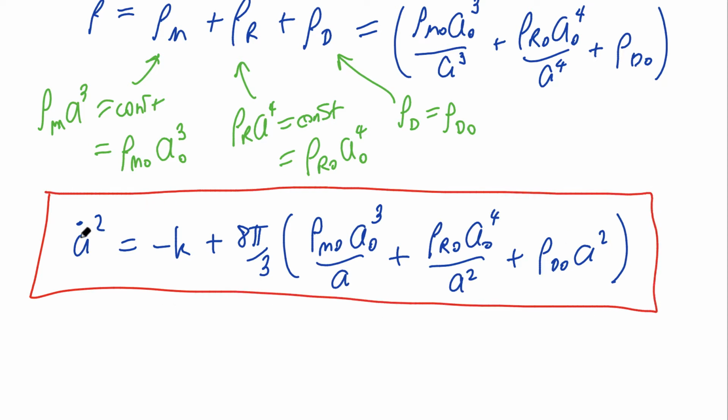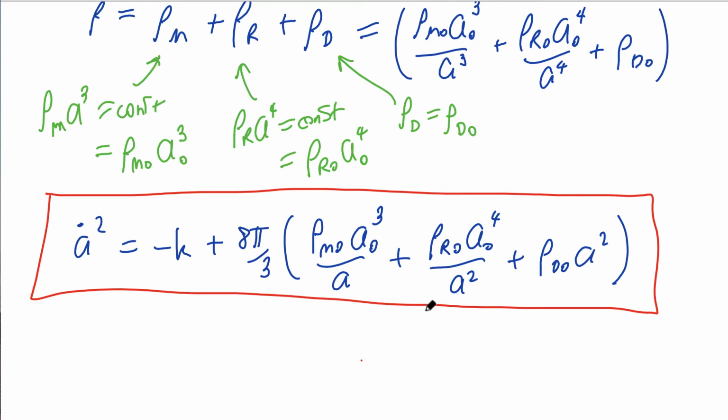Written this way, we see more explicitly that this is just a differential equation for the scale factor a as a function of time t. My next task will be to rewrite this equation, the Friedmann equation, in terms of dimensionless variables. So let me remind you that the subscript 0 here refers to the present time.